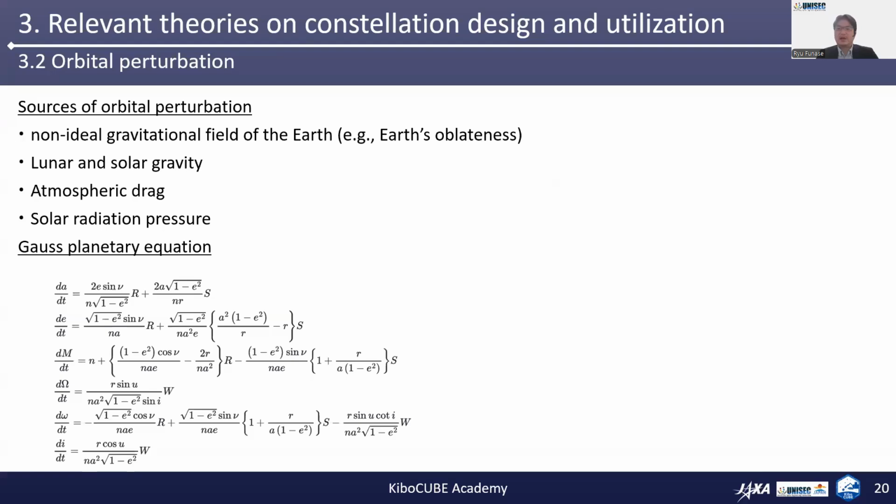The Gaussian planetary equation expresses how the orbital elements of the satellites are changed by these perturbation forces.